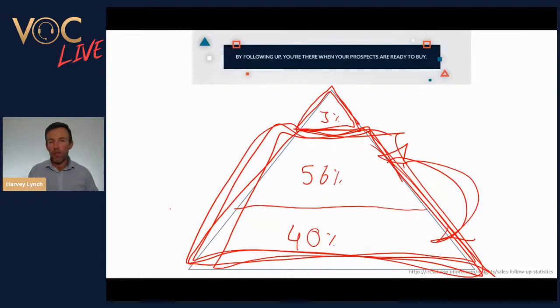But if we focus our marketing on the bigger portion of the market, and we're there ready when they are, do you think we might have a better chance of really growing our business and dominating our marketplace? If they're not ready today, when they are, we're going to be there front of mind for them. So that's what I mean by follow-up. We're going to get into that now.